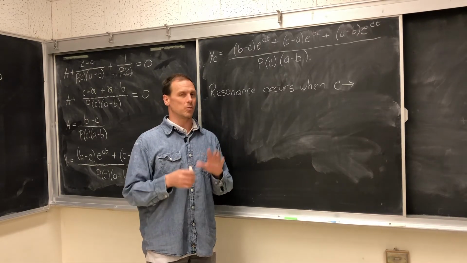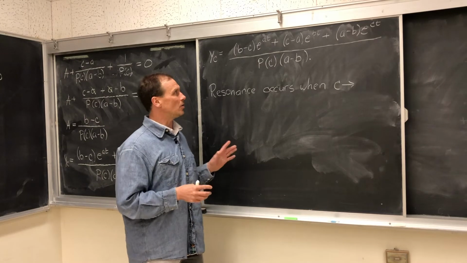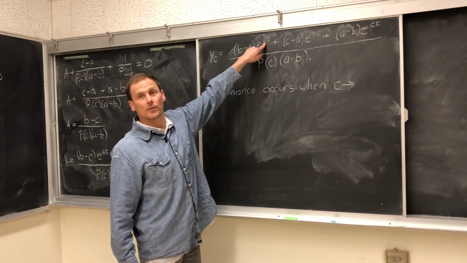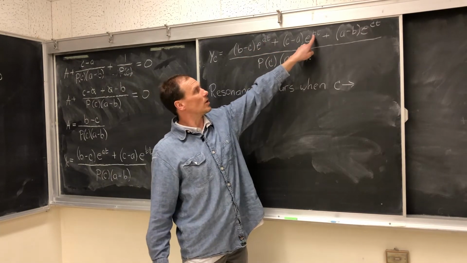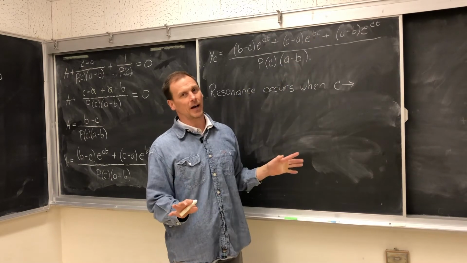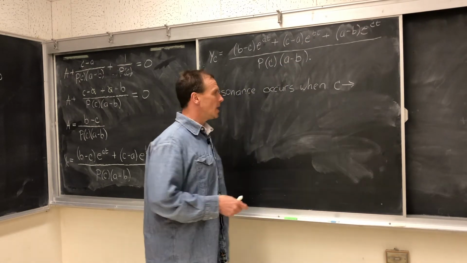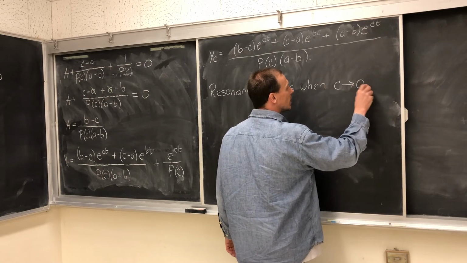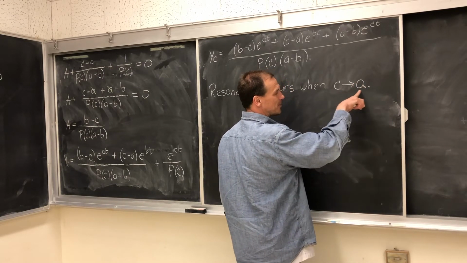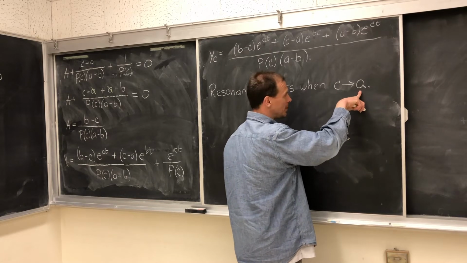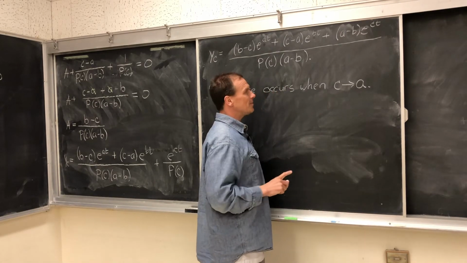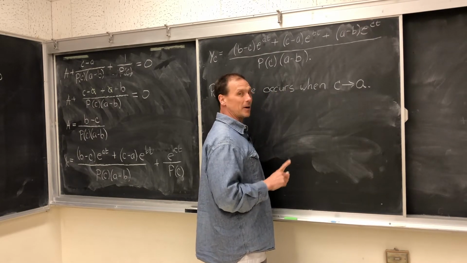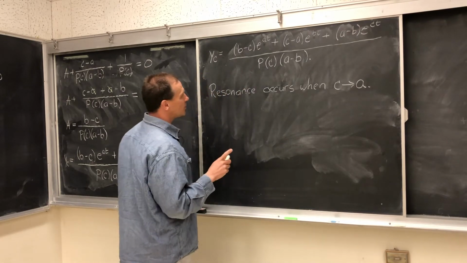My null solutions were lowercase a or lowercase b. It doesn't matter, we could solve for either one. I'm going to just choose a. So resonance occurs when actually C equals a. But what we need to do to study this is sneak up on it, and I will show you why.